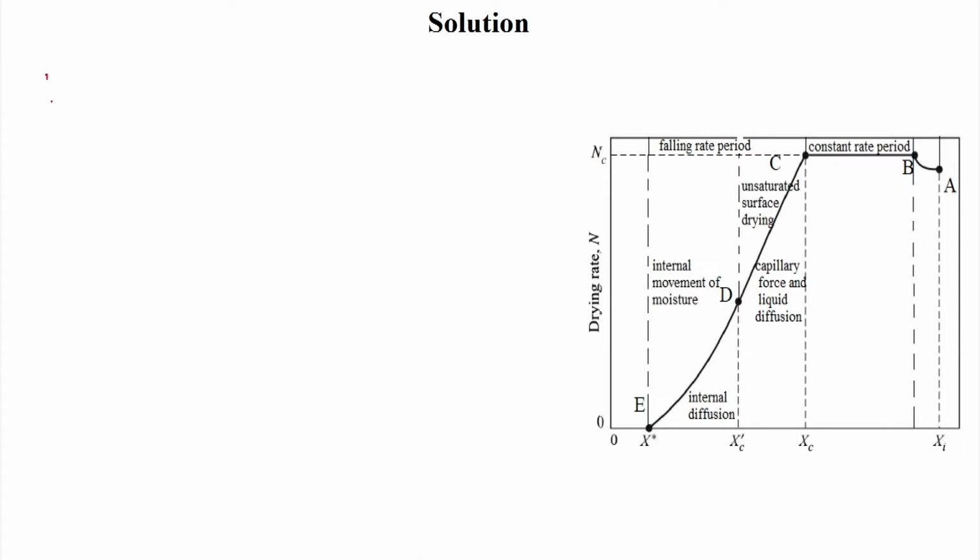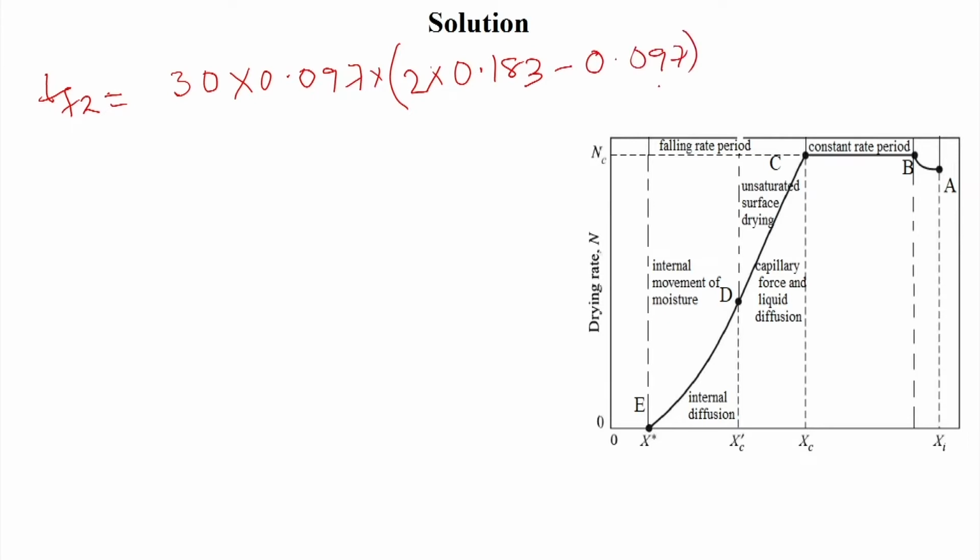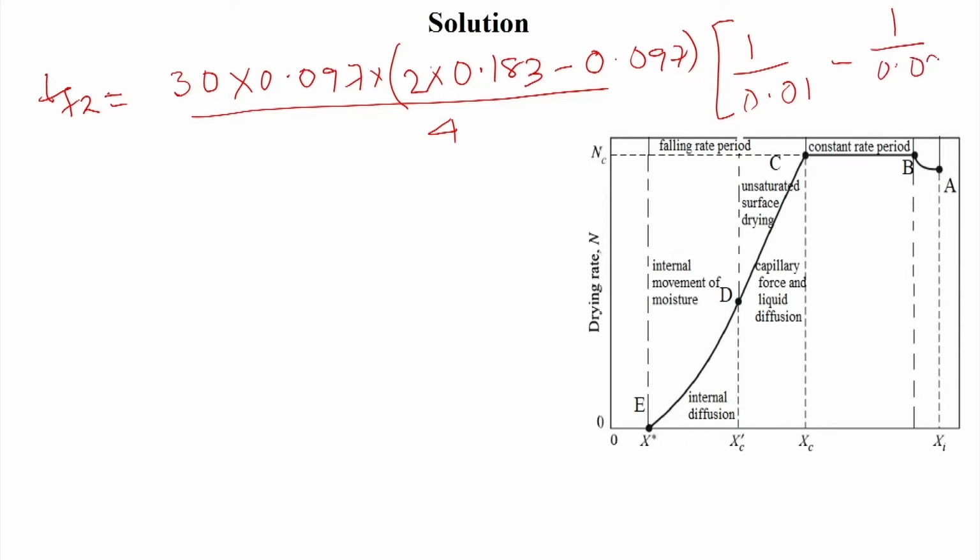So, Tf2 will be 30 into 0.097 into 2 into 0.183 minus 0.097, divided by 4 into 1 by the final one, 0.01, minus 1 by xc2 which is 0.097, that is in hours.